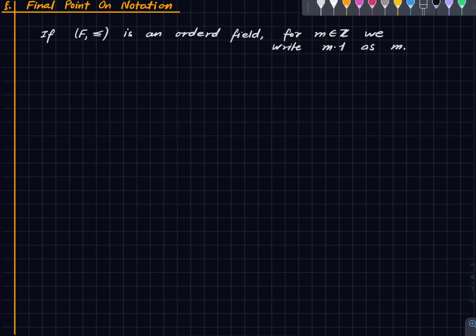But in context, this does not cause any confusion. Okay, so we just replace this by that. It's simpler and better to look at, and that's all. So since anyway there is a natural copy of rationals inside F, or integers inside F, both ways, it is just better to stick to the notations that we use for rationals rather than this cumbersome dot one every time.